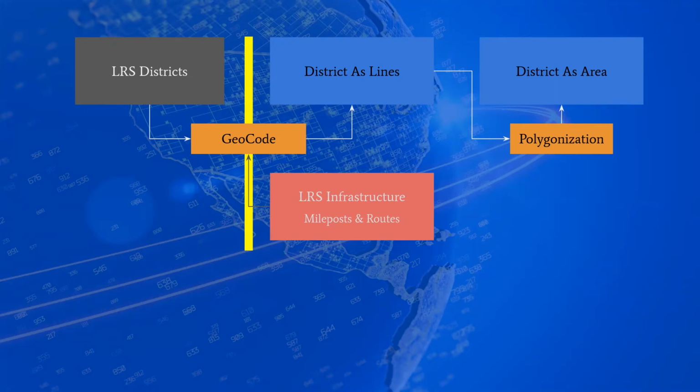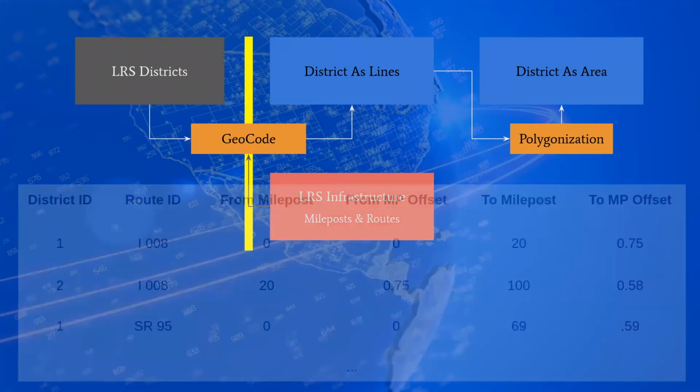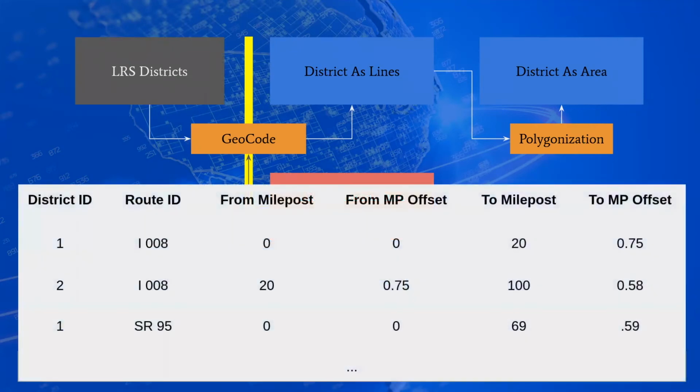Now, let us take a look at the data involved in this journey. The LRS district table defines highway route segments identified by a pair of mileposts with offsets. Notice there is no geometry in this table.